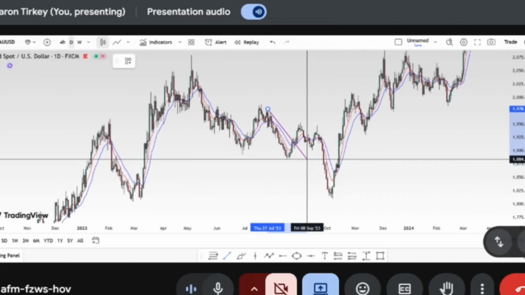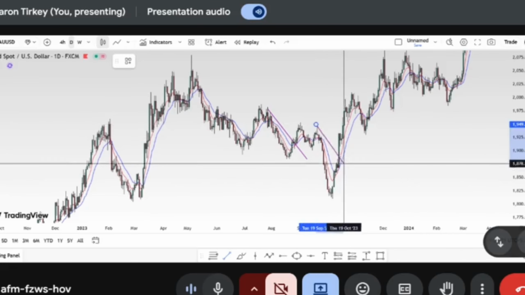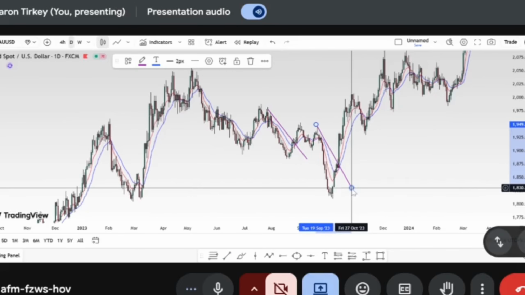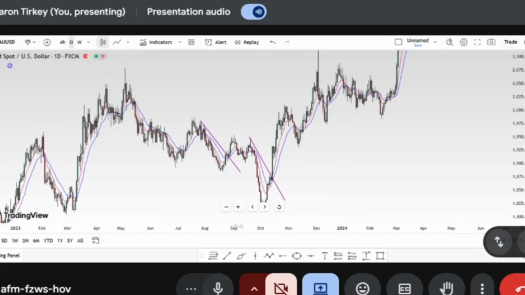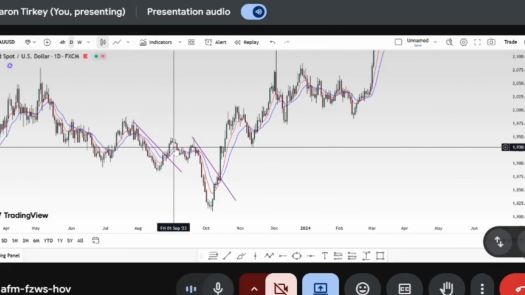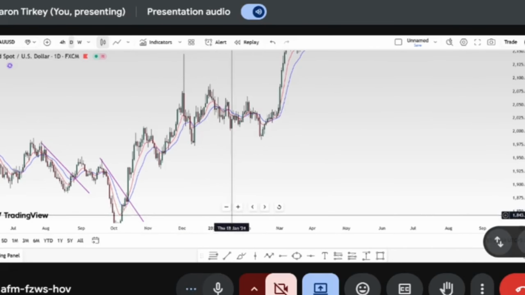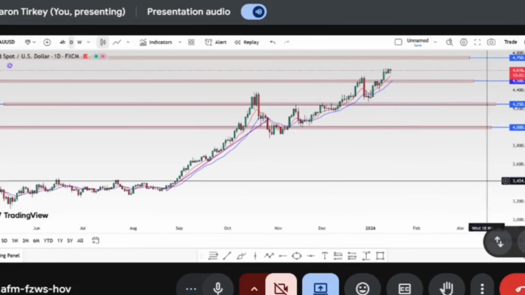This is also our downtrend, and here it's also our downtrend, because here the EMA is crossing downside and here it breaks. It makes an uptrend here and again here it makes a downtrend. So I draw both my trend lines.